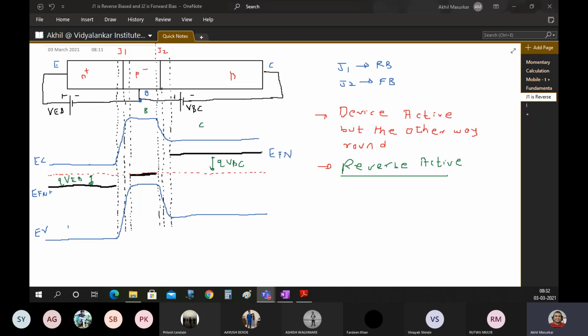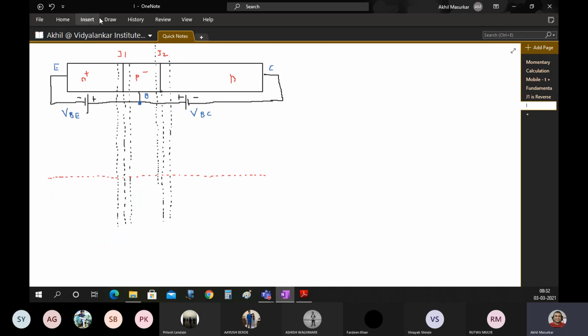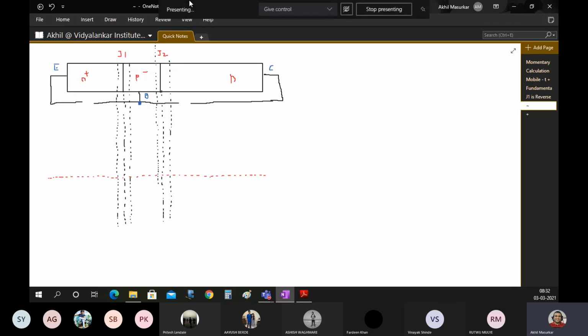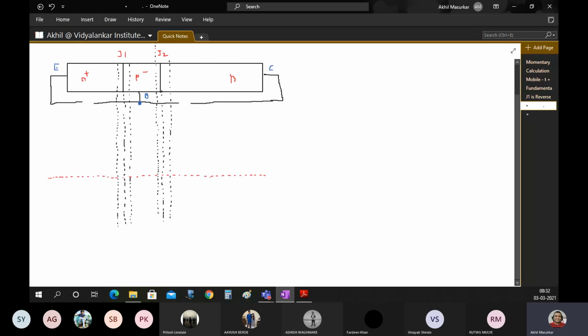Okay, so let us go to the next and the final energy band diagram. I'm just drawing this diagram a little bigger in size.